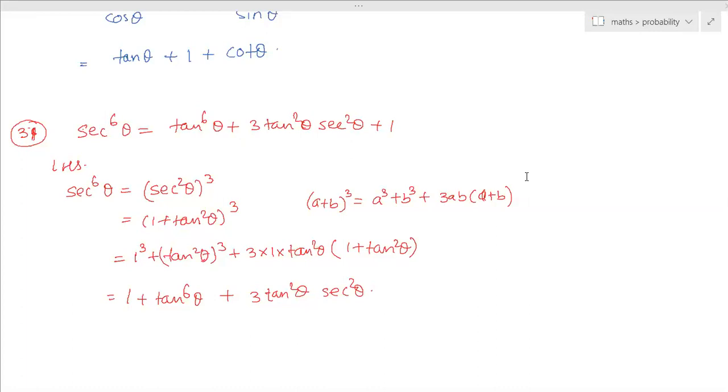Ma'am, the 39th one, are we supposed to simplify on both sides? The 39th one? No, on one side only it will work. Ma'am, I simplified it on the RHS. Can be done. Ma'am, I simplified on both sides. Why? Ma'am, in the 39th one we have solved that kind of question.